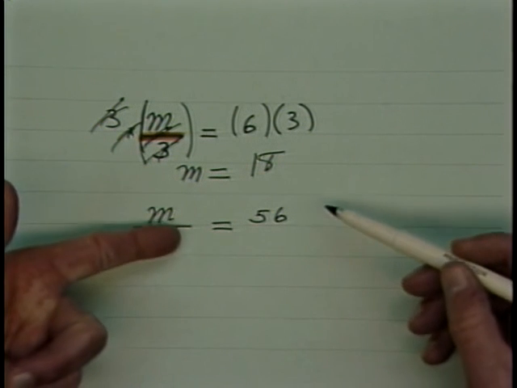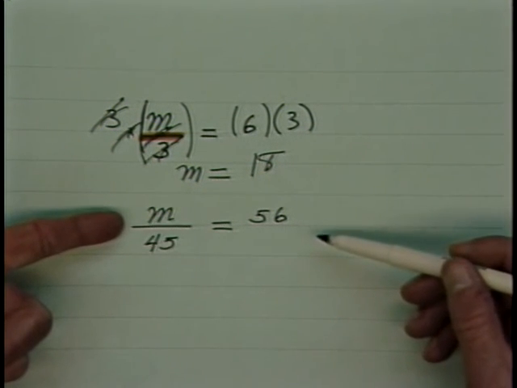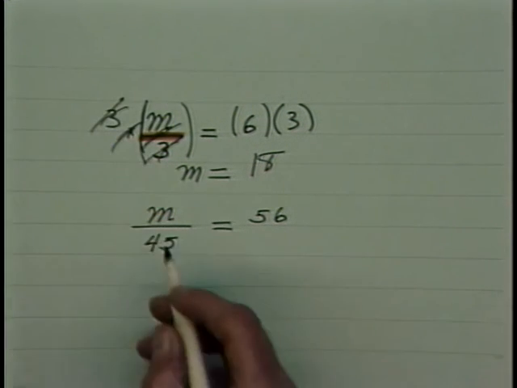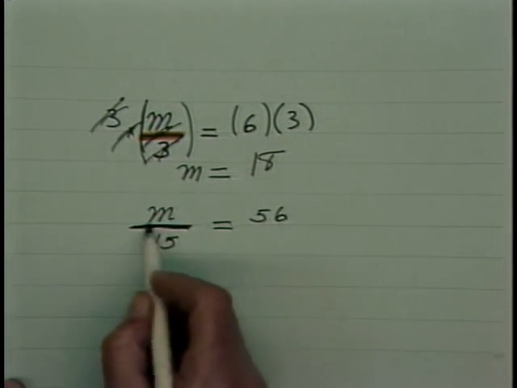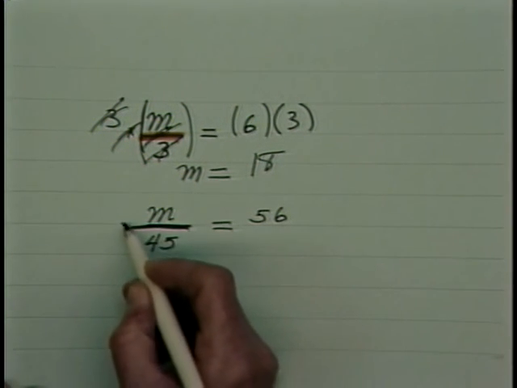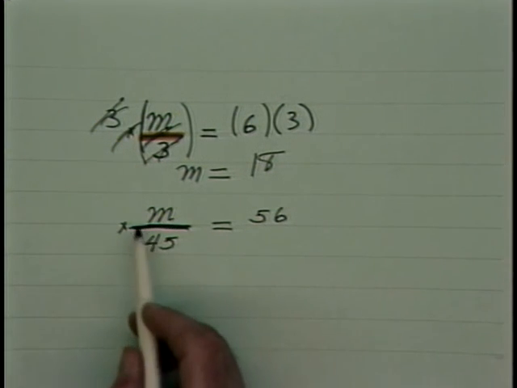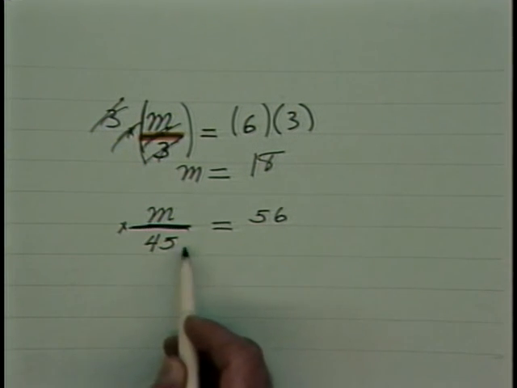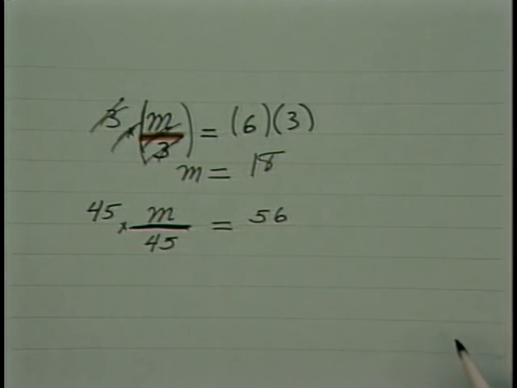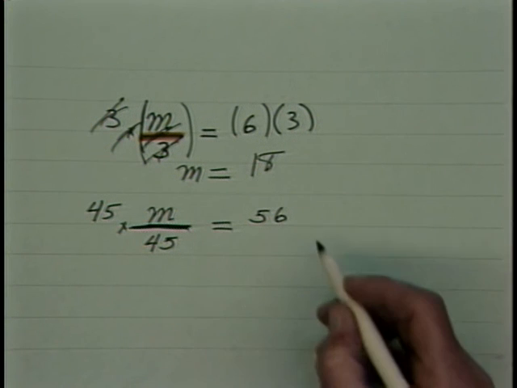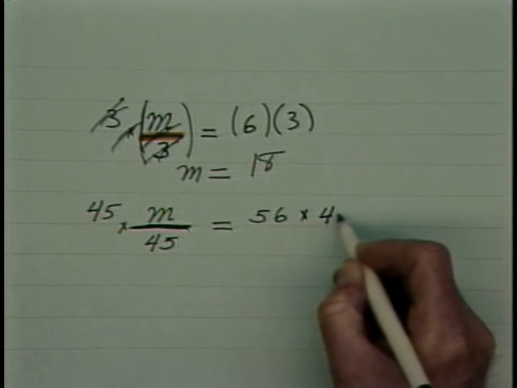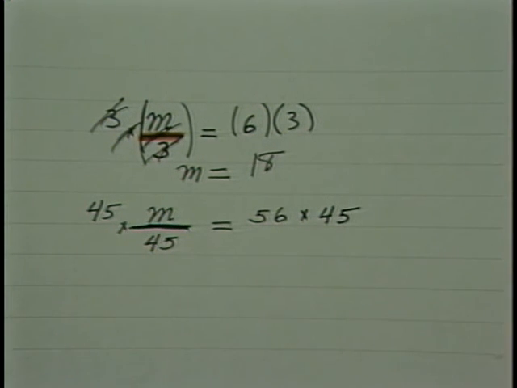So now this problem, which is not quite as obvious, is simply a matter of asking, how do we get rid of this, or more specifically, how do we undo this division? So you undo division by multiplication, and since I'm undoing division by 45, I will multiply by 45. But then our multiplication law of algebra says that's okay, providing I multiply the other side by 45 as well.